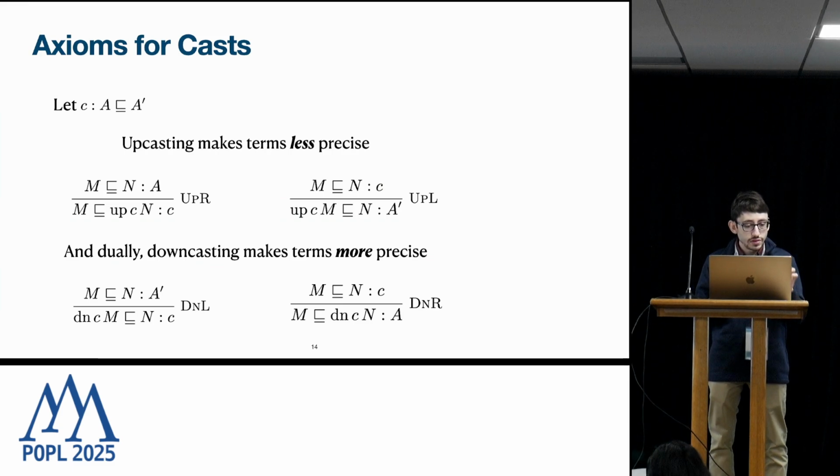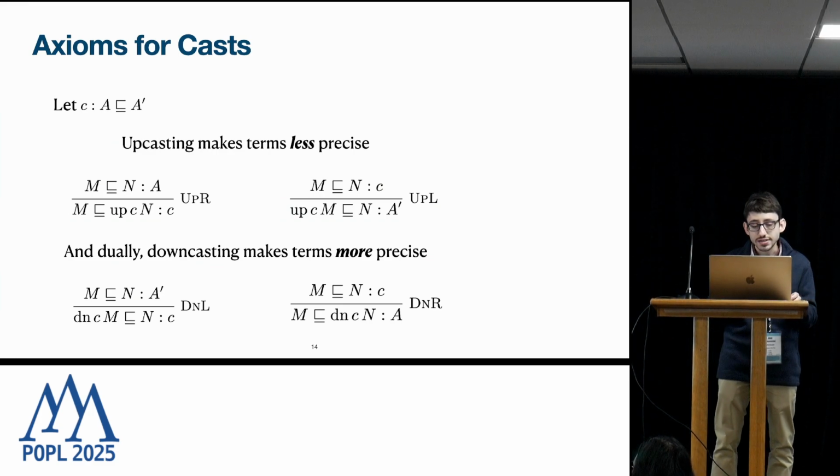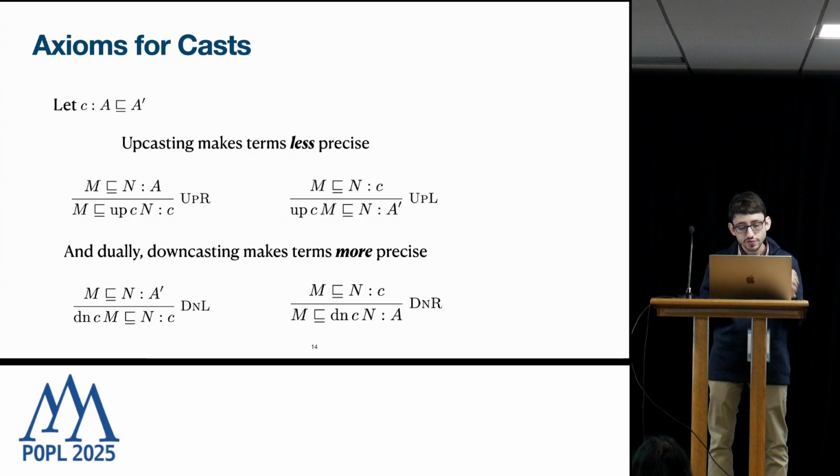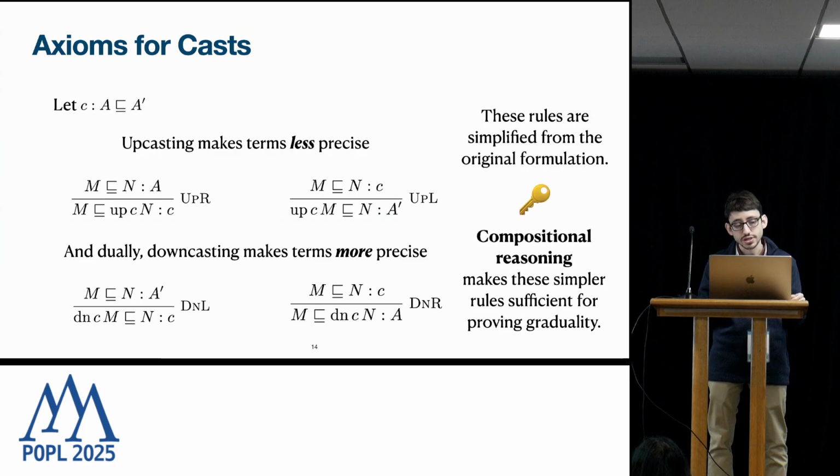Now, prior work has shown that the graduality property essentially boils down to the behavior of cast terms. So in particular, there are these 4 key axioms that capture the intended behavior of casts, 2 for upcasts and 2 for downcasts. Now the details aren't really important, but the basic idea is that upcasting should make terms less precise in the ordering and downcasting should make them more precise.